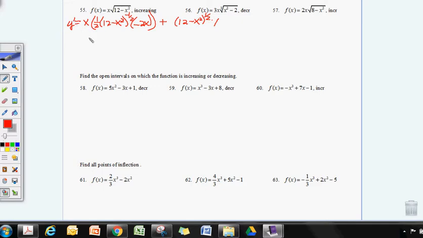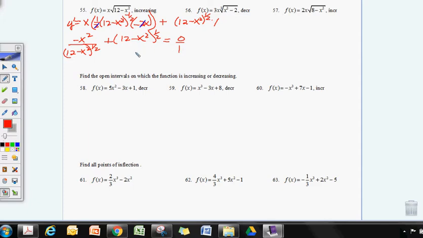Okay, so cleaning this up, and hopefully you guys can see this 2 and this would cancel. I have a -x and a -x, so I'm going to get a -x squared all over (12 minus x squared) raised to the 1/2 power, added on to (12 minus x squared) raised to the 1/2 power. That's my derivative. I'm going to set it equal to 0 over 1.